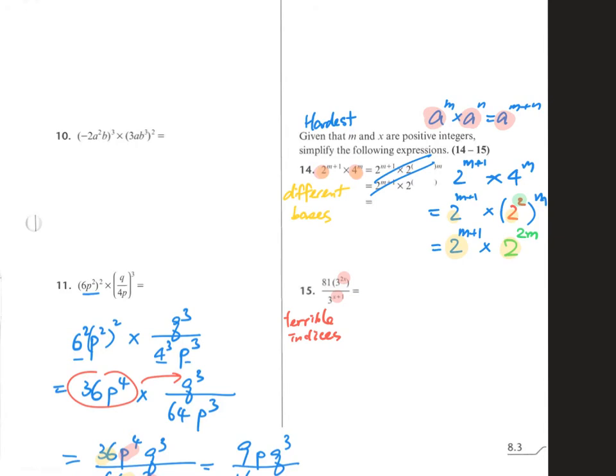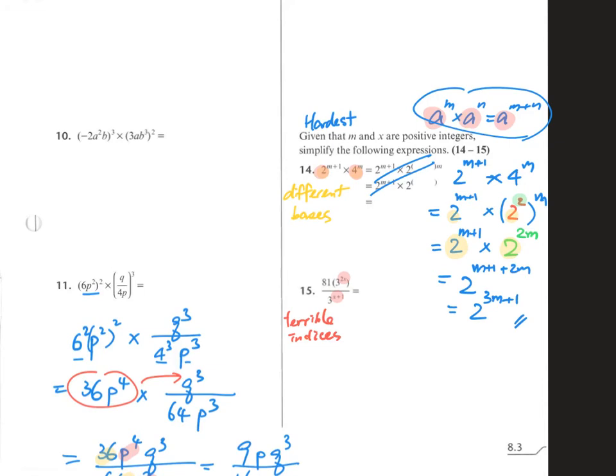Once the base is the same, by using the formula I wrote, you can add up the indices: m plus 1 plus 2m. That finally finishes the question, 3m plus 1. Is it alright? It's hard, definitely, but you can search for more questions in the textbook and maybe in the integrated exercise in this workbook.